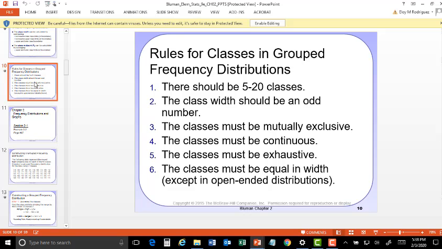The classes must be mutually exclusive. What does mutually exclusive mean, anyway? When two events are mutually exclusive, what does it mean? They're exclusive. That means one doesn't affect the other.